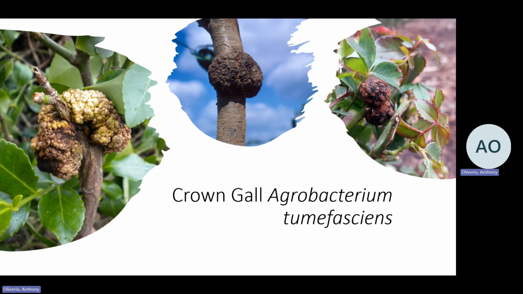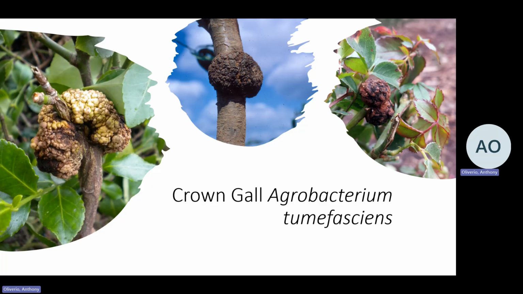Now, here's a specific one. There's a lot of different bacteria, of course, but this one's actually a disease, crown gall. You might have seen galls like this growing on bark, and it's a very well-studied plant disease, often described as being like a plant cancer.